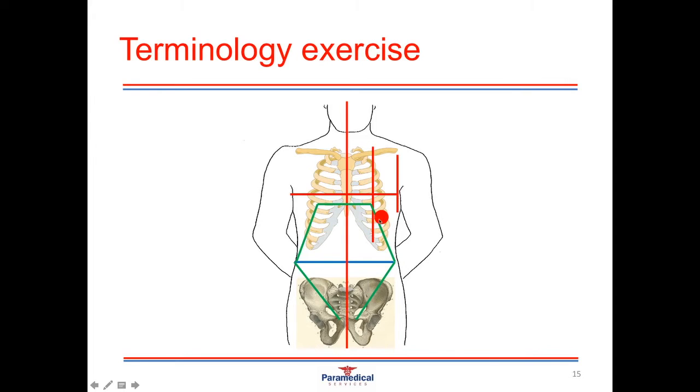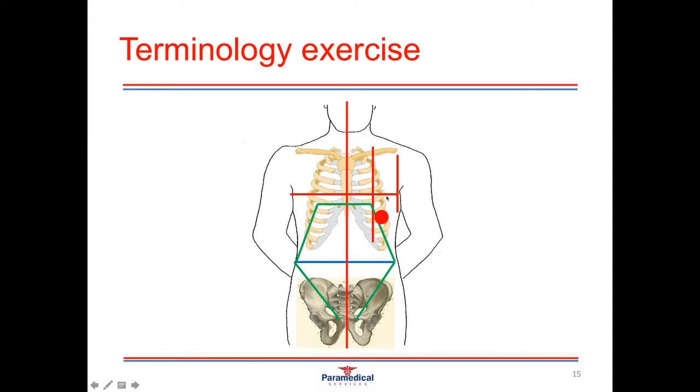So we could say that this dot is about 1 centimeter lateral to the midclavicular line. We could also state that this dot was on the 7th rib, or we could state that this dot was about 3 centimeters inferior to the nipple line.